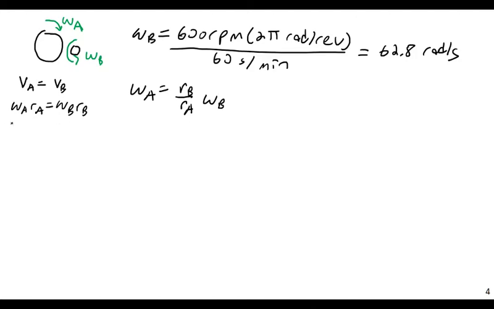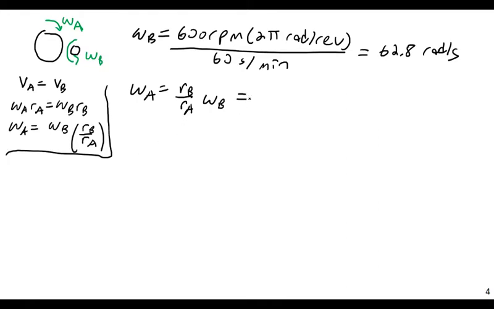And from this, I can get that omega A equals omega B times RB over RA. But that's just a small development up to the side.